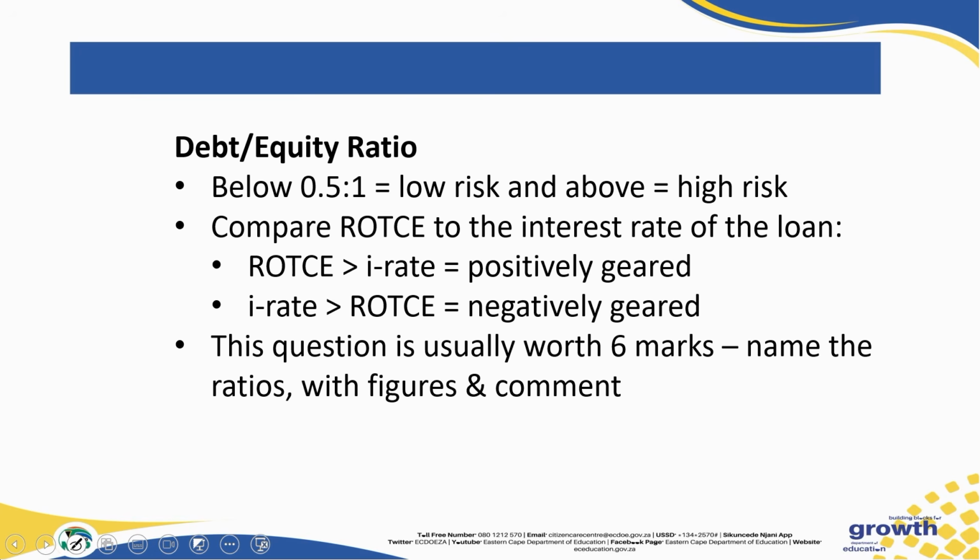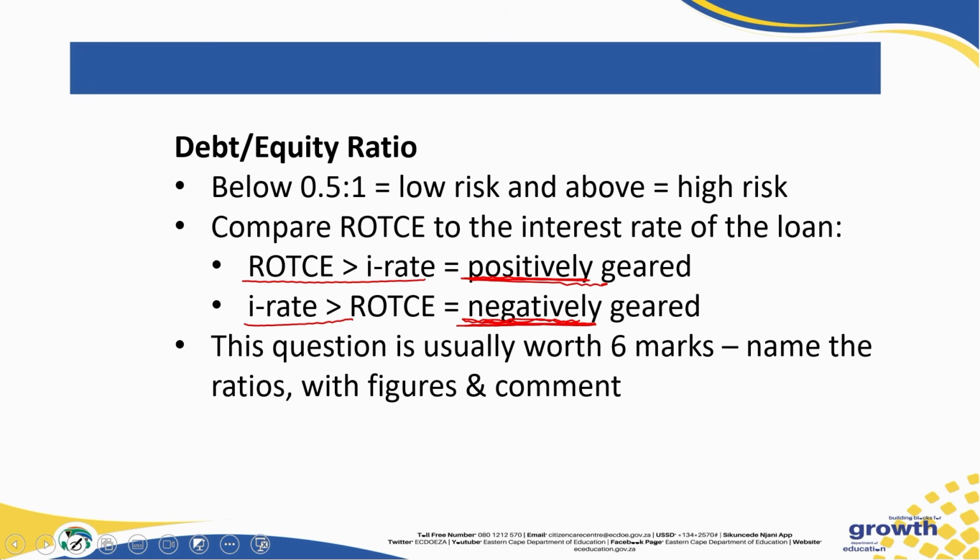Now, the other thing that we do when we are asked in this question, we compare the return on total capital employed. We compare that to the interest rate of the loan. So if it is higher than the interest rate, it is positively geared. And if it is lower than the interest rate, we are negatively geared.